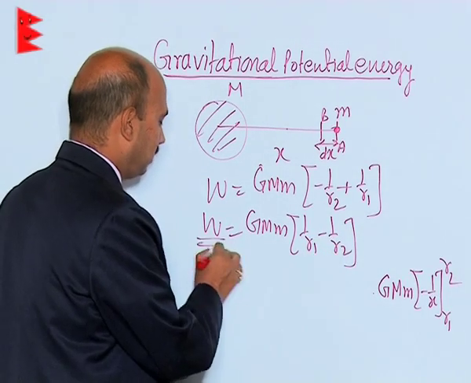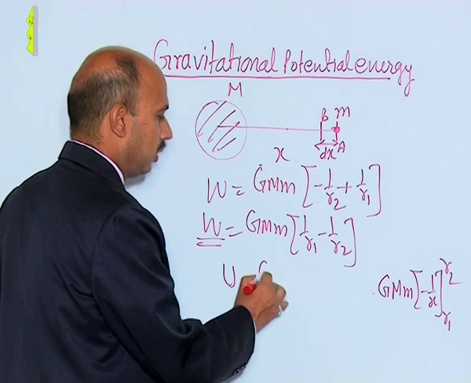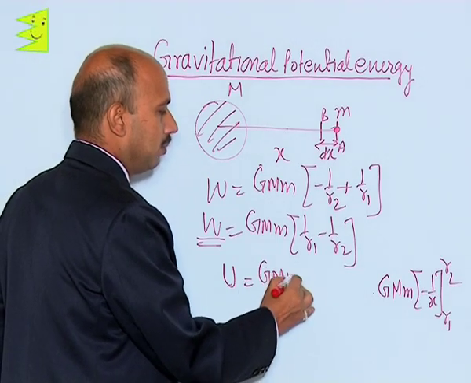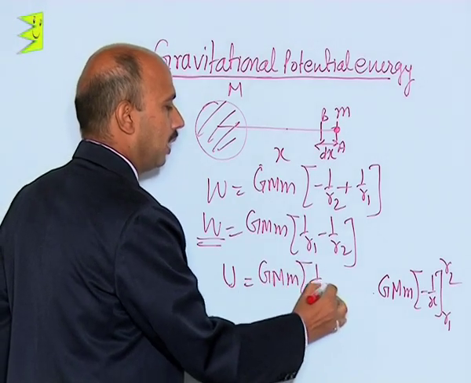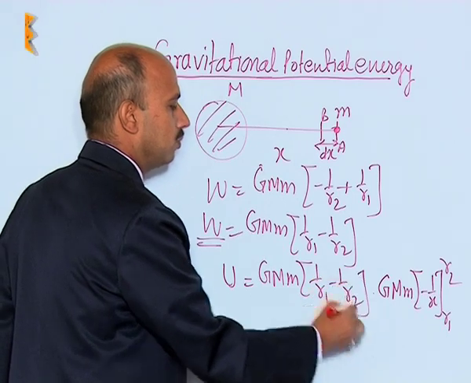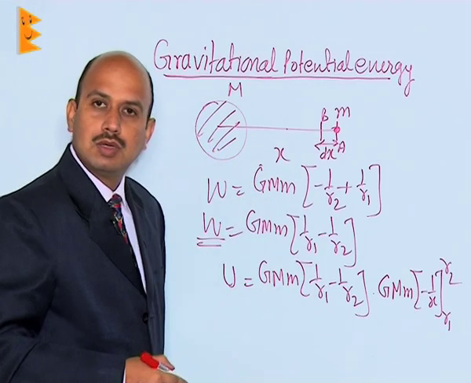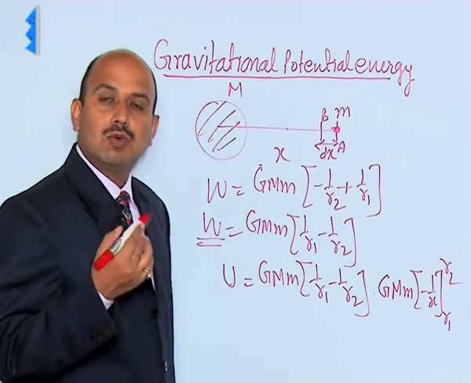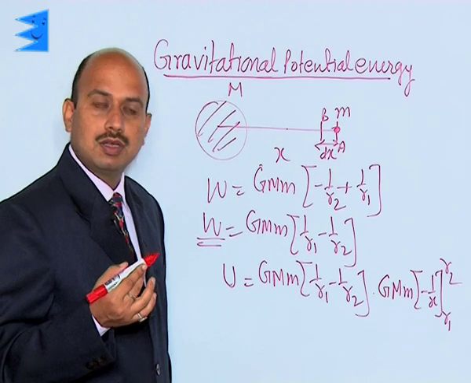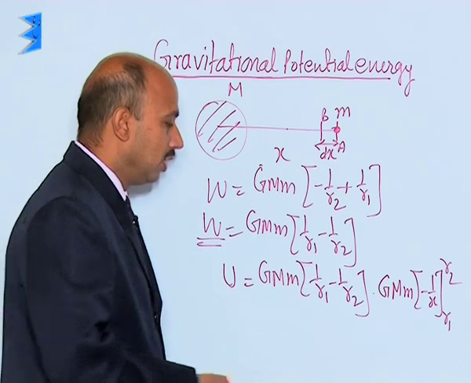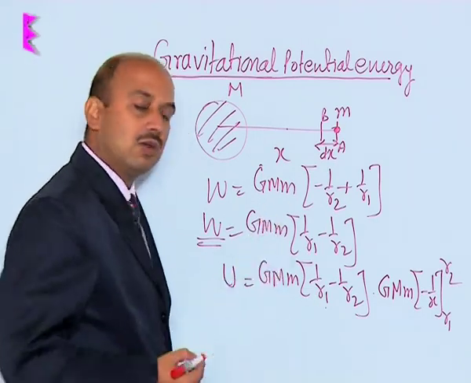and this can be given as the potential energy U is equal to GMm into 1 upon R1 minus 1 upon R2. So, when the body is brought from R1 to R2, there is work done, and that work done is equal to the gravitational potential energy. You know here R1 is greater than R2.